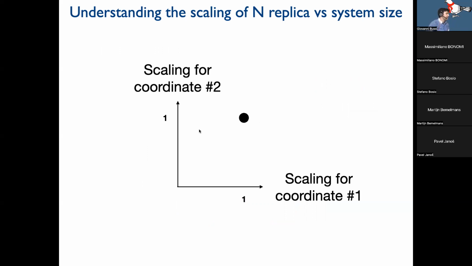So let me make this graph where a point represents the parameters with which you simulate one of your replicas. Let's say that you have a system with two coordinates, two subsystems that could be scaled.